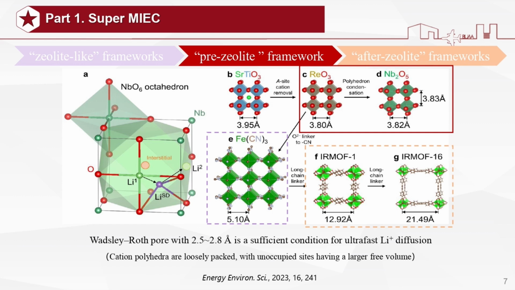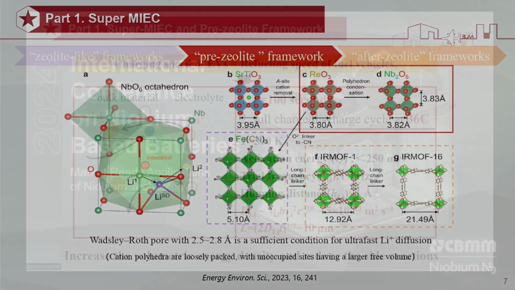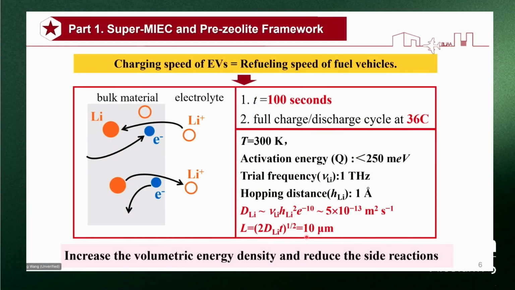Our goal is faster charging of EVs equal to the refueling speed of fuel vehicles, say 100 seconds. Then we can calculate the diffusion distance of the particles, which equals 10 microns. This large particle size can solve the problem of low volumetric energy density as well as the large size reactions of the titanium-based anode.